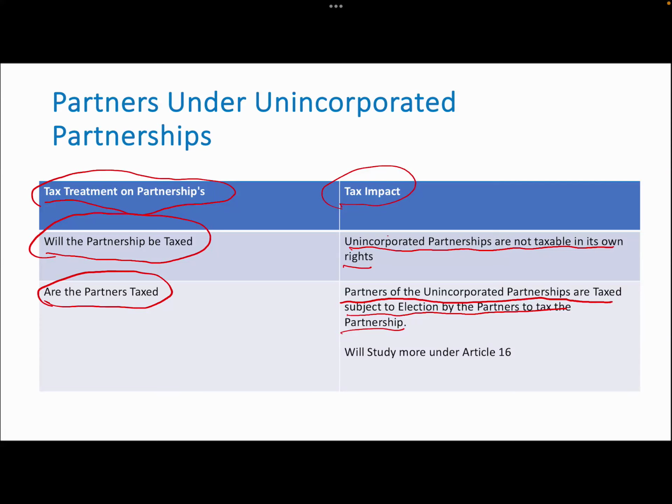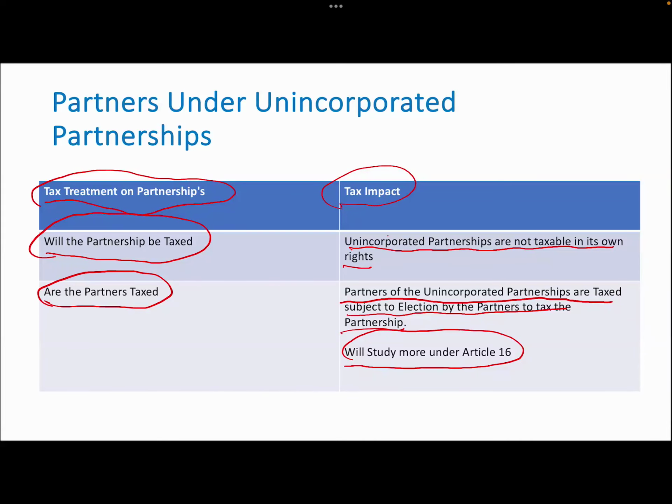We will be studying this unincorporated partnership more under Article 16. But for now, just remember, unincorporated partnerships are not taxed in their own right, but the partners individually are taxed for corporate tax purposes.